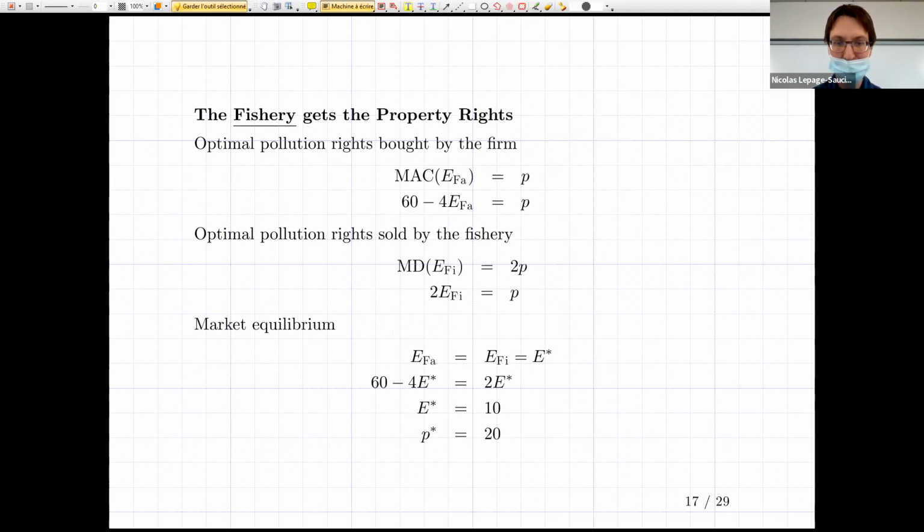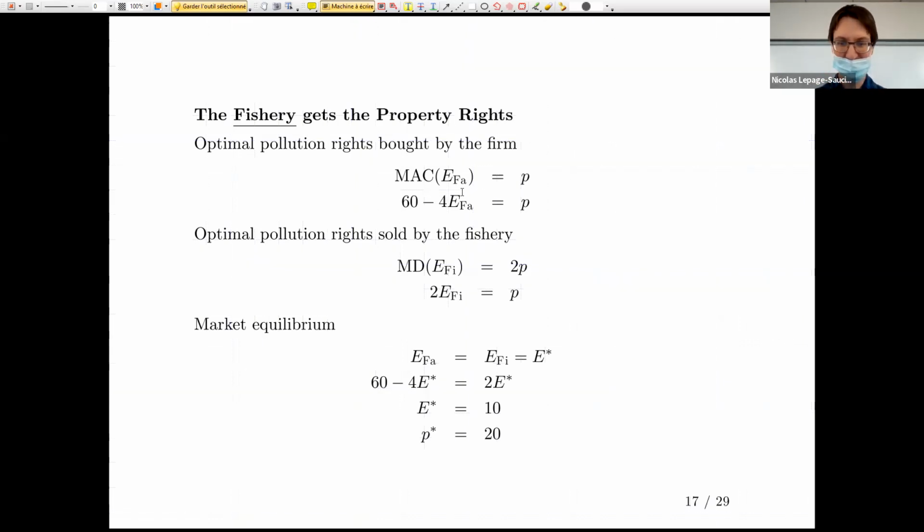So the optimal pollution rights bought by the firm: you set marginal abatement cost equal to P. The optimal pollution rights sold by the fishery: you set marginal damage equal to P. Why did I write 2P here? That's a mystery. I made a mistake, sorry.